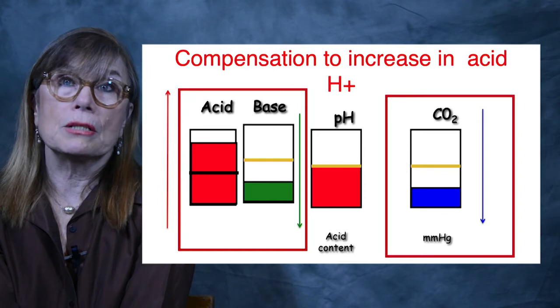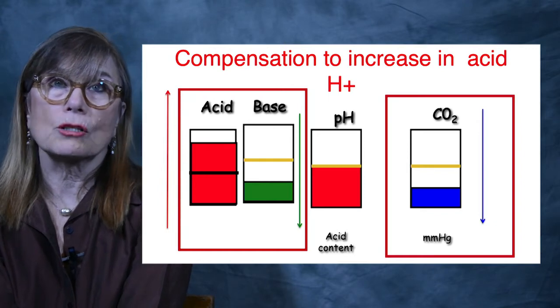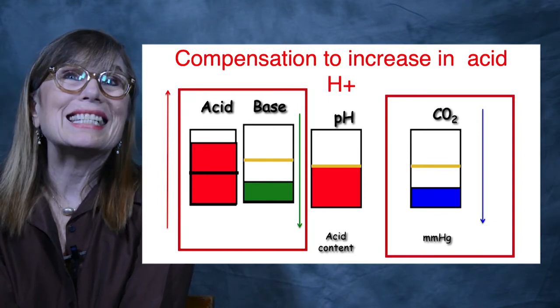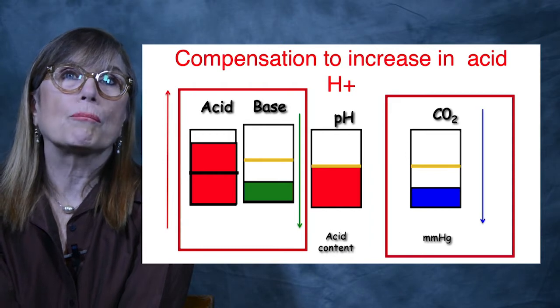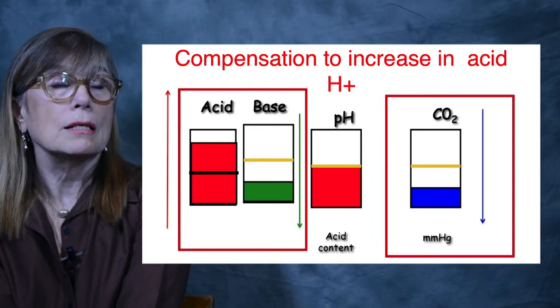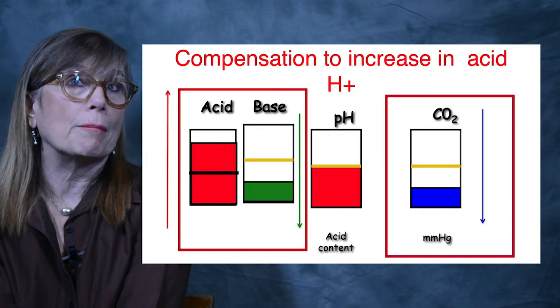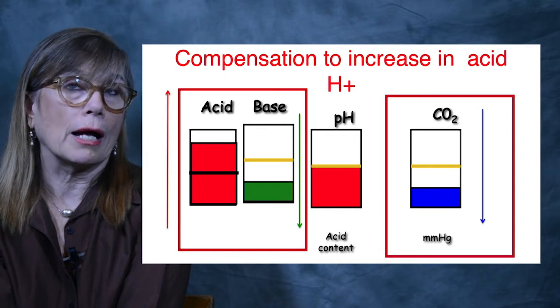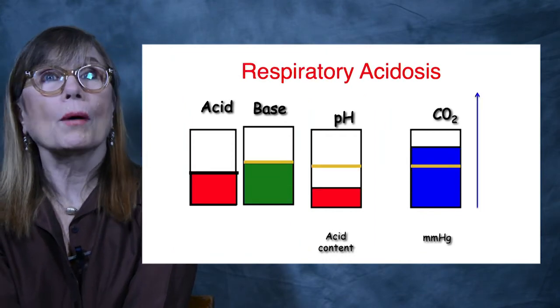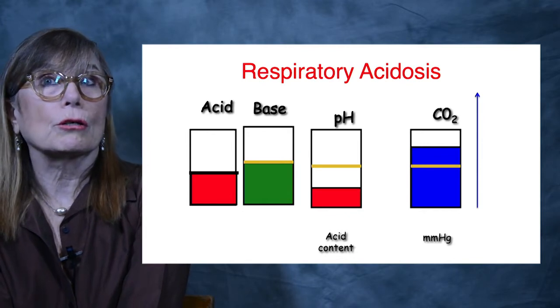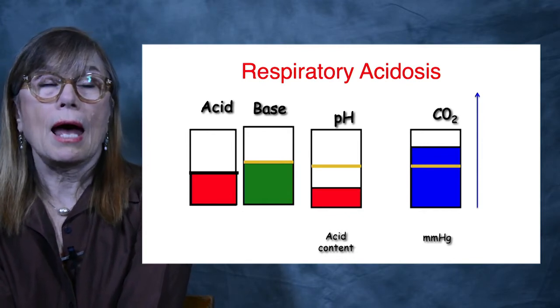CO2 compensated for the metabolic acidosis, increasing depth and rate of breathing, regulating CO2 to make room for the metabolic acid hydrogen ion. All right, now quite the opposite occurs with respiratory acidosis.